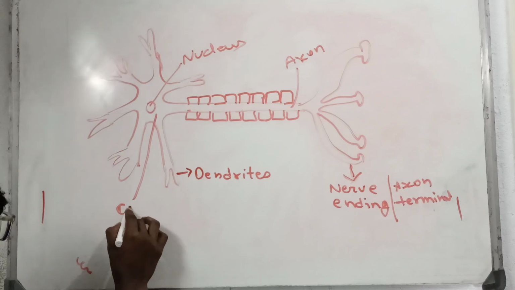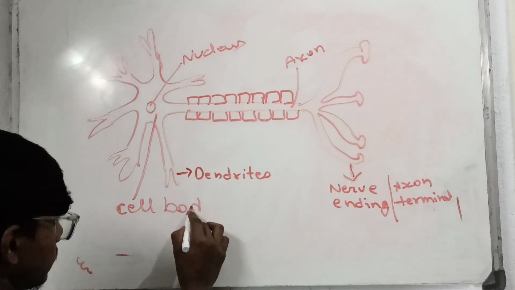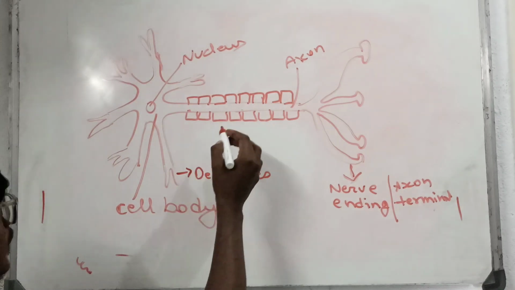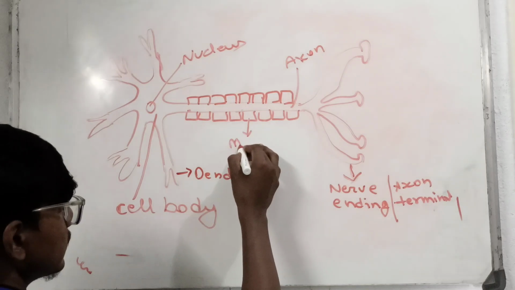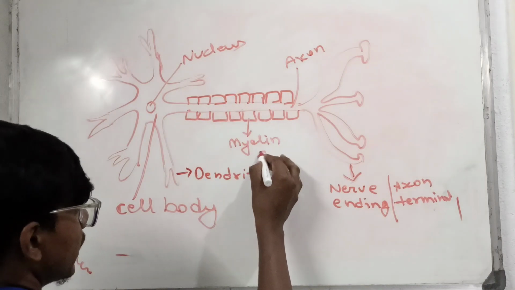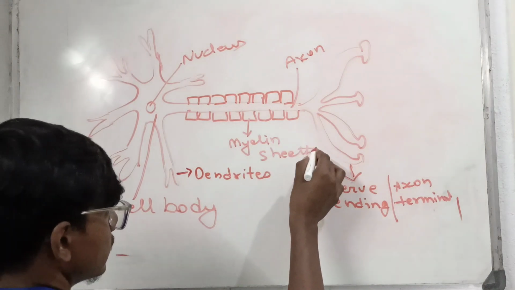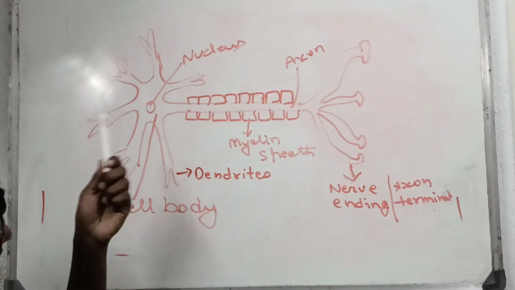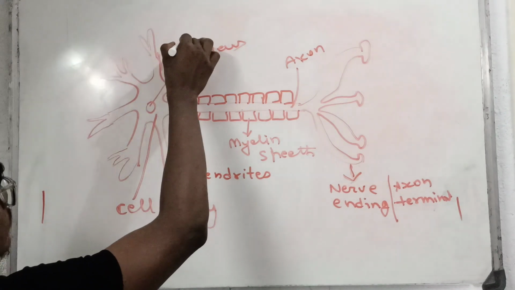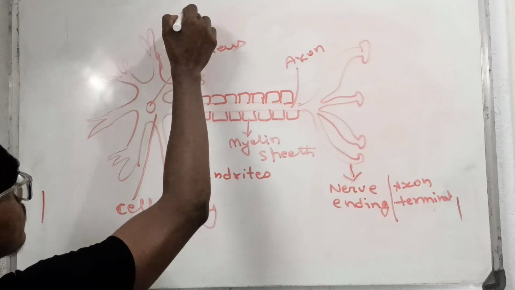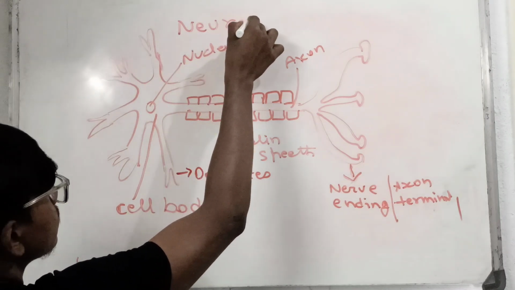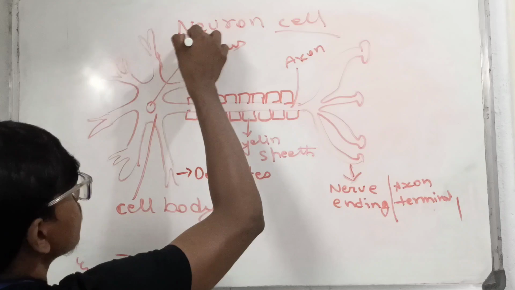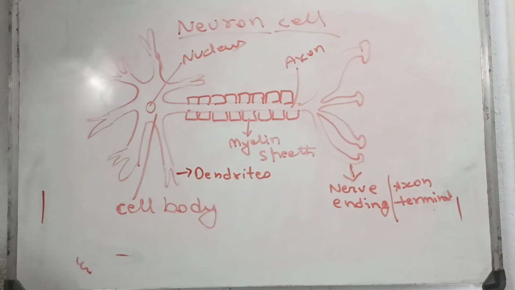This is the cell body, okay. This is the myelin sheath. Okay, so this is the diagram of a neuron cell.